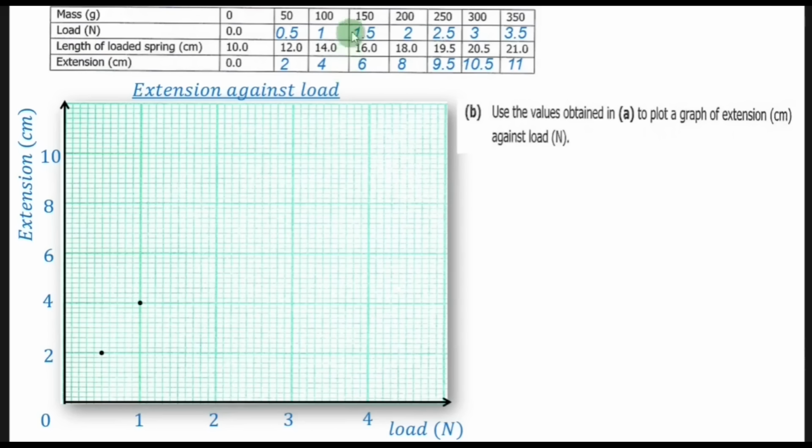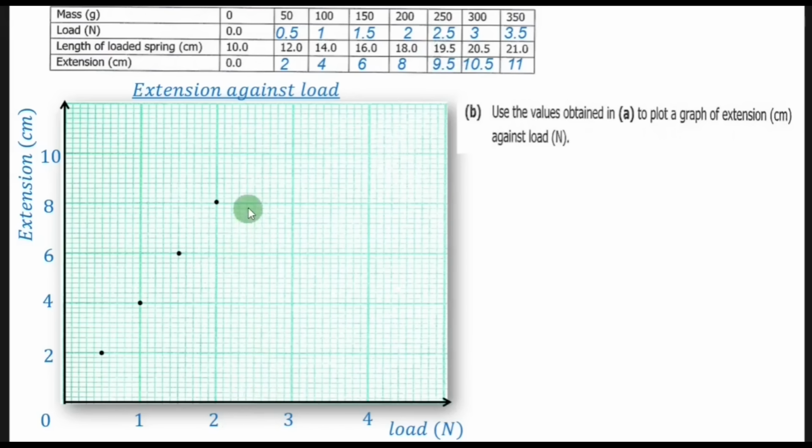Then 1.5, 6. So 1, 1.1, 1.2, 1.3, 1.4, 1.5, 6 here. Then here 2, 8. Simple like that. Then again you say 2.5, 9.5. So 2.5 is here.